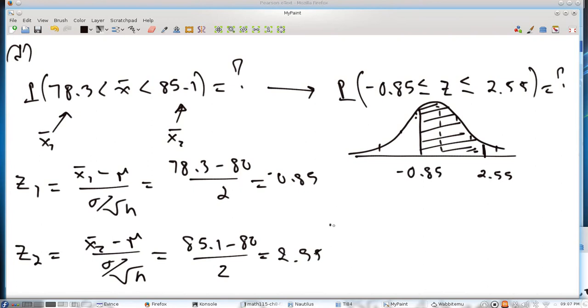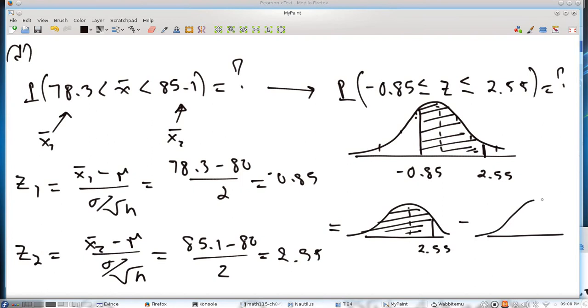One way of doing this is to split the curve by reading a value from negative infinity all the way to 2.55, this entire region, minus a value read from negative infinity all the way to negative 0.85.